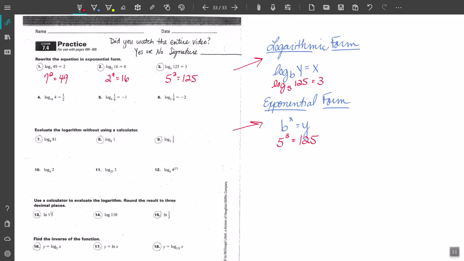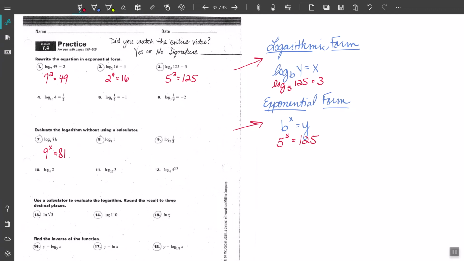Now in 7, 8, 9, they want us to evaluate those logarithms without using a calculator. So what we're looking for in number 7 is we have a base of 9. I'm looking for the exponent, I'm looking for my x that when all said and done is going to give me 81.